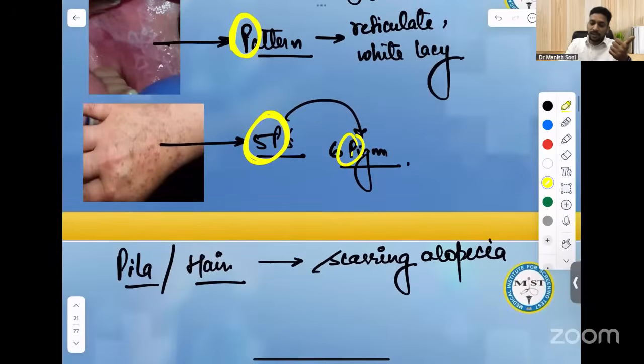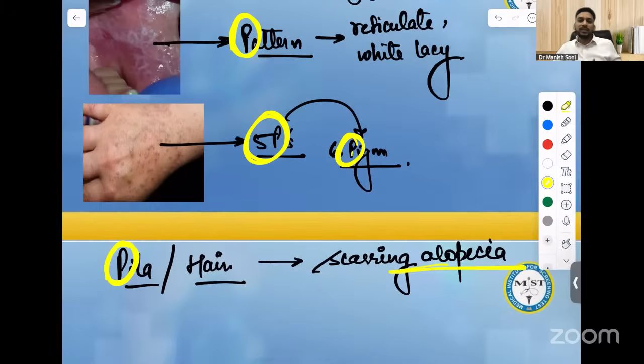It heals with pigmentation, and pila also get involved, leading to alopecia. So you can remember so many P's in lichen planus. Just remember the P in lichen planus and you can answer the questions, isn't it? So easy. One alphabet, full disease. Lichen planus can be remembered by one alphabet, and that is P.